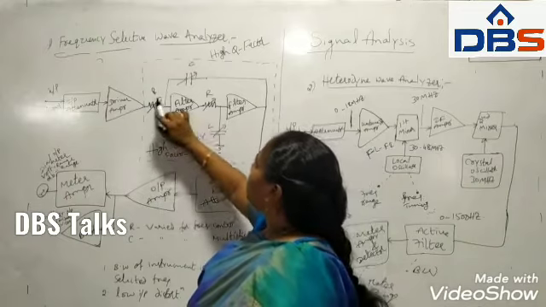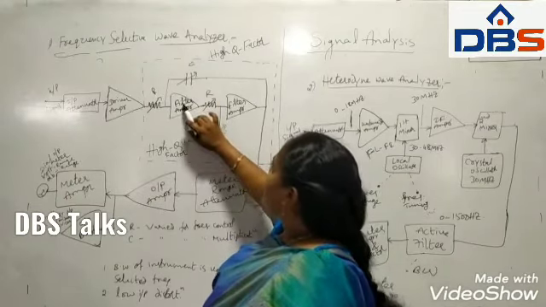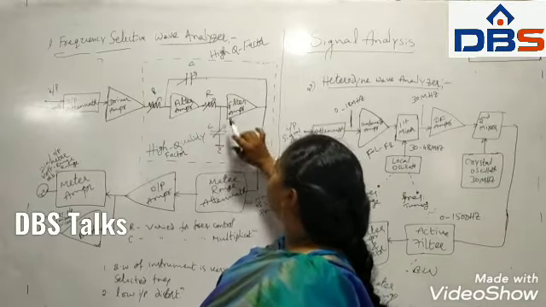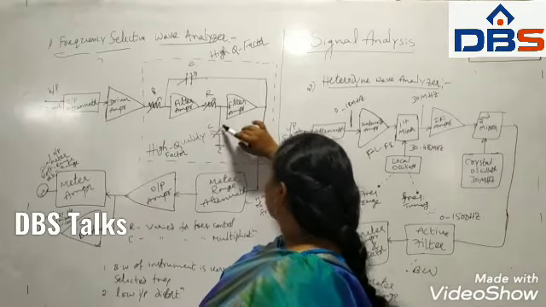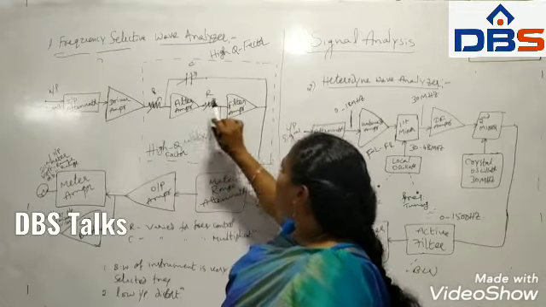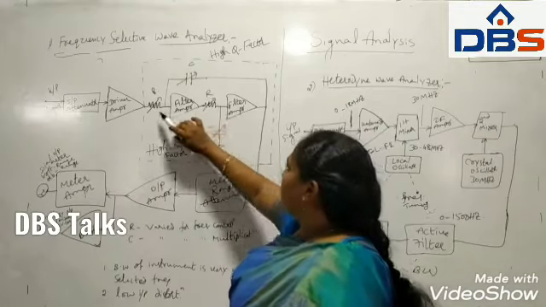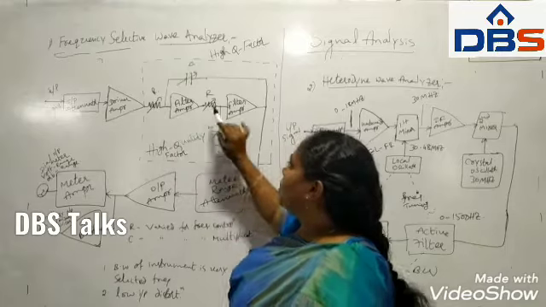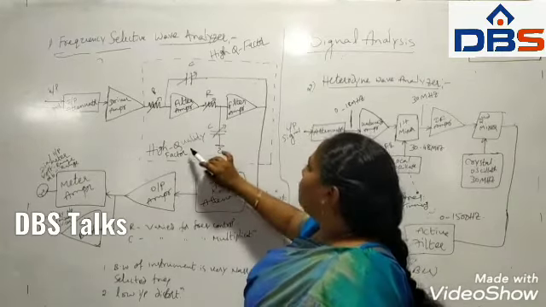Here is one RC combination filter, and another filter is also an RC combination. These two capacitors we are using for frequency multiplication, and we can control the frequency by using these two resistors. So these dotted lines are the high quality factor.